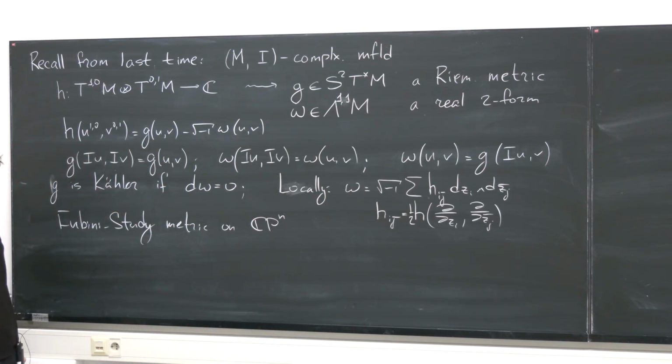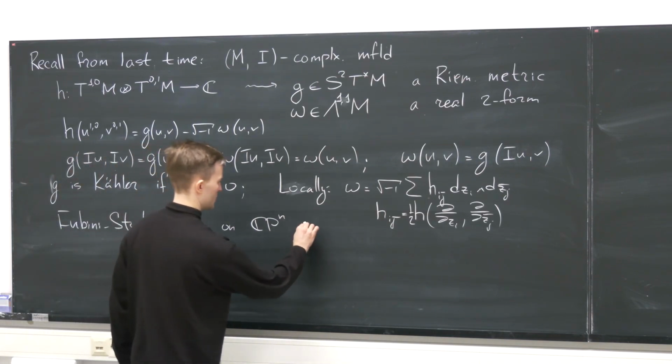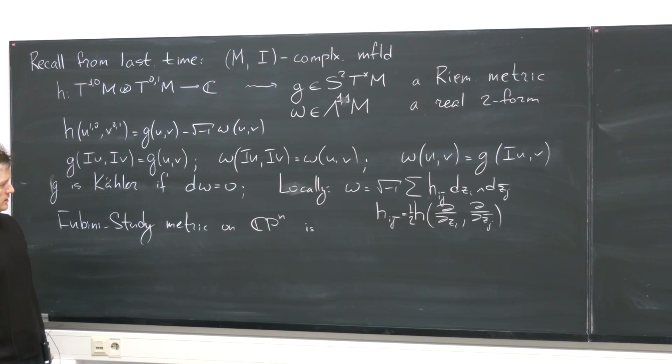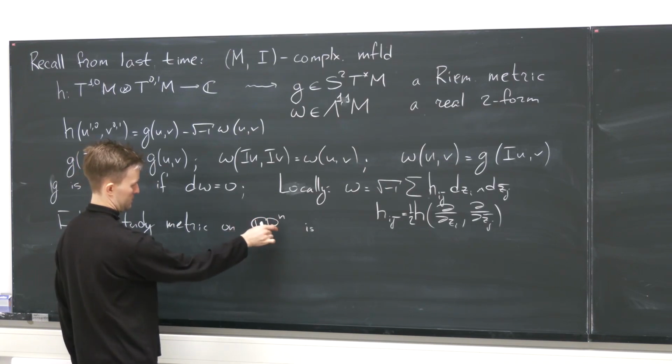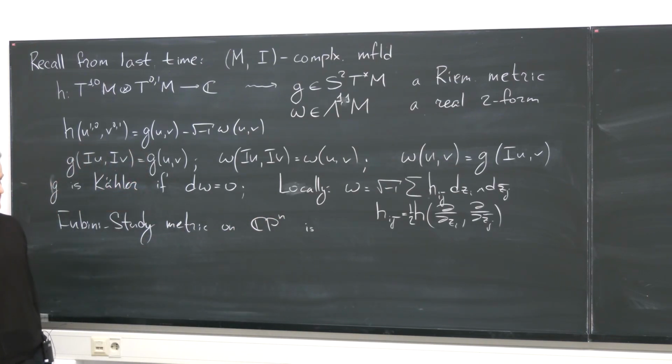This was defined as the unique U(n+1) invariant, unique up to multiplication by a constant, Hermitian metric on CP^n. I mean, it is unique in the sense that if we fix the Hermitian structure on the vector space, of which this is a projectivization, an (n+1)-dimensional vector space, then we have this unitary group.